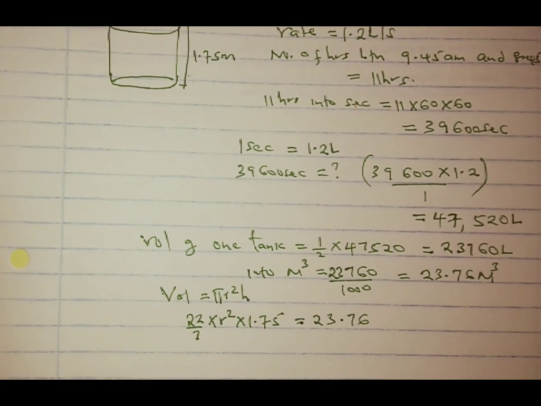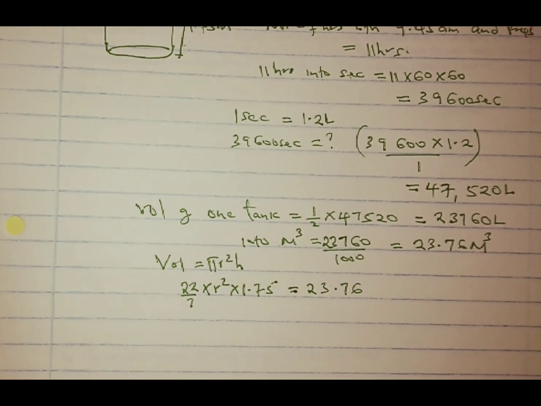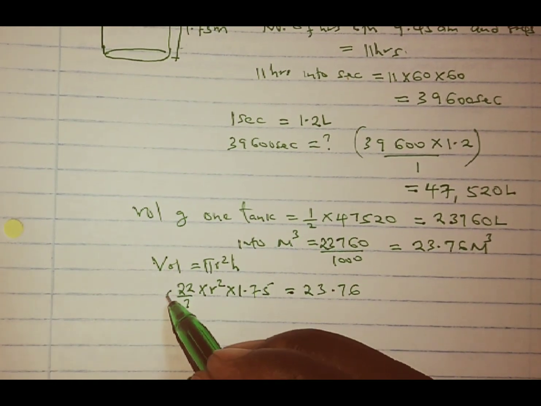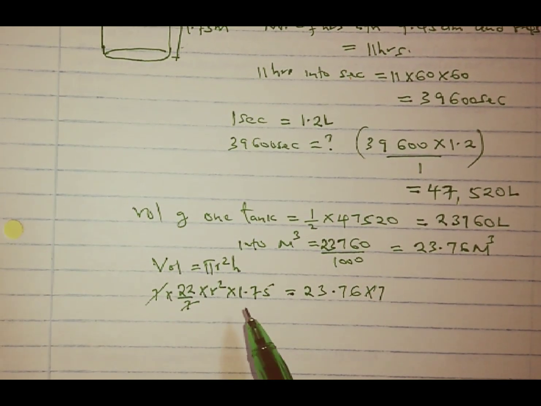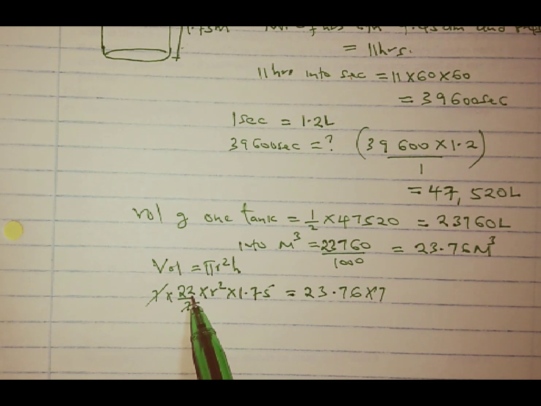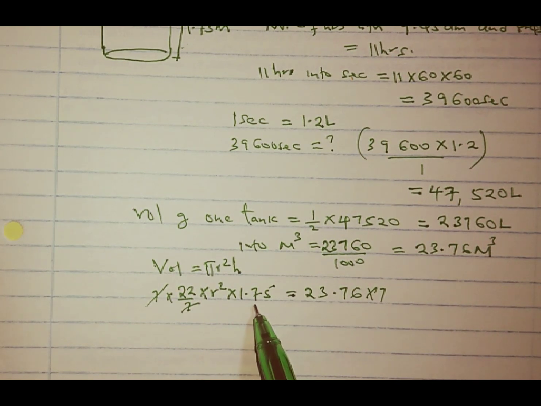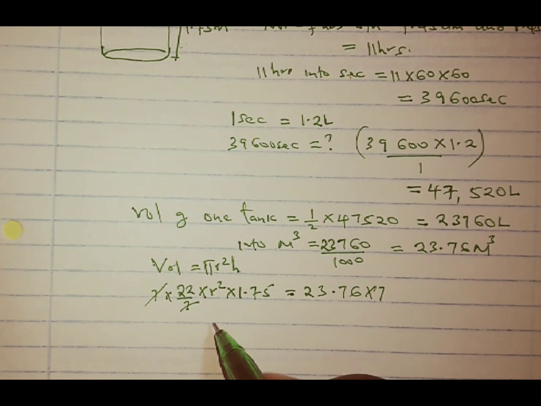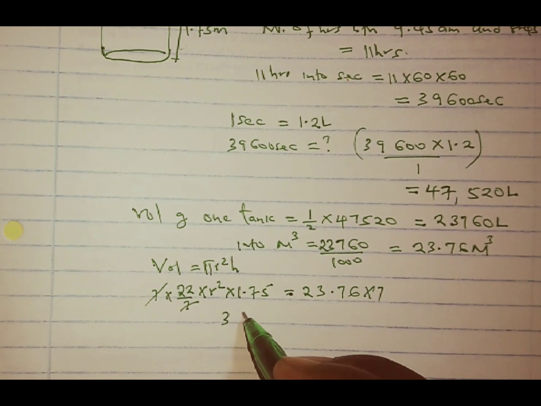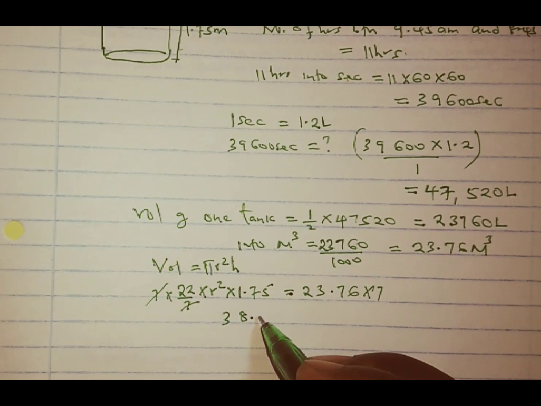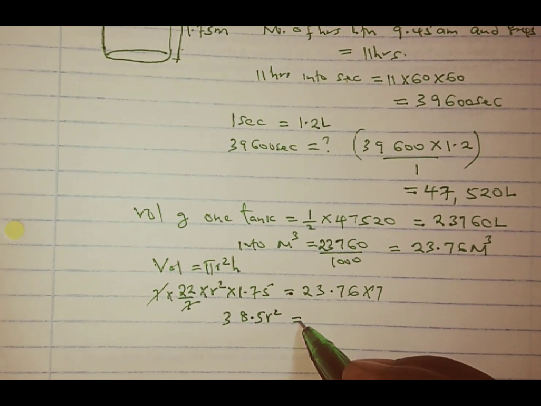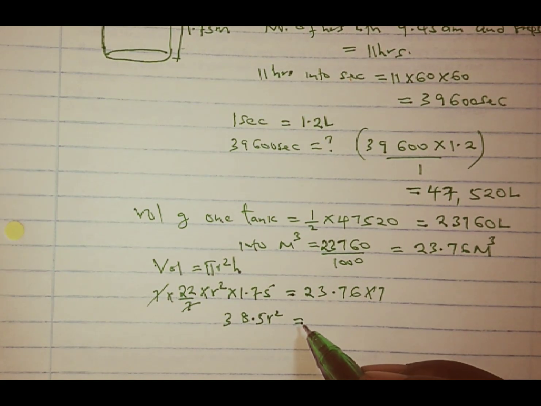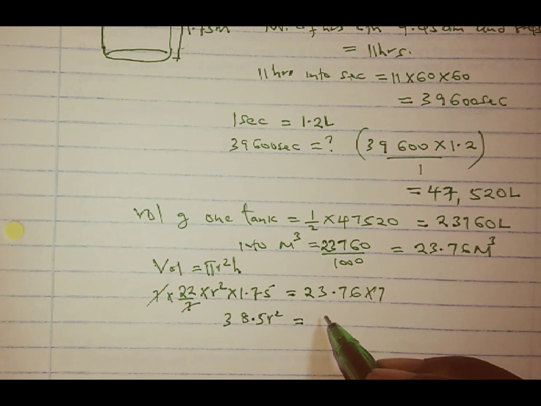From there, we can proceed by multiplying by 7 on both sides so that we get rid of the fraction. If you take 22 times r squared times 1.75, you get 38.5 r squared, being equal to 23.76 times 7, which gives us 166.32.